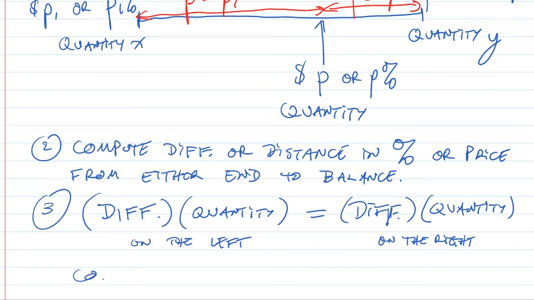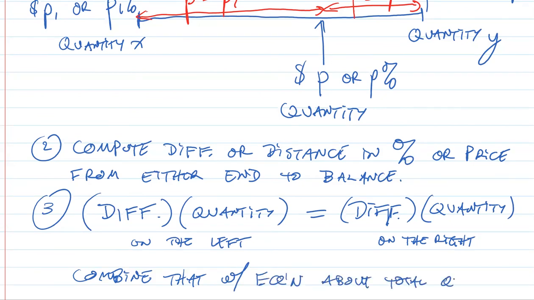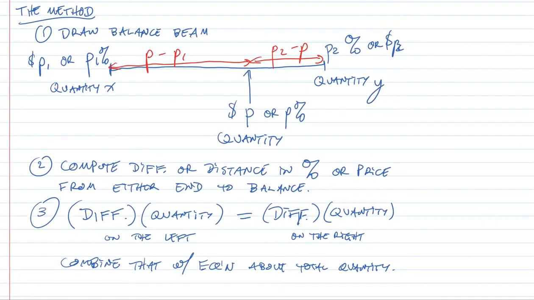And then combine that with the equation about the total quantity. And then you can solve for the whole thing. This is the complete method.